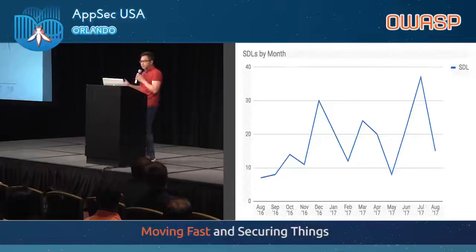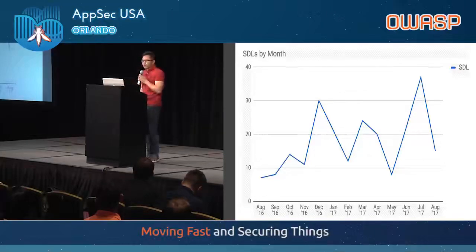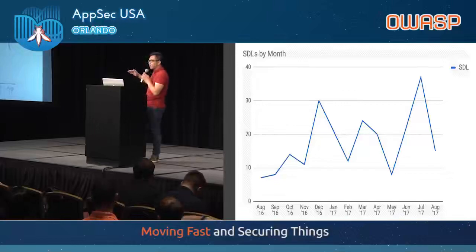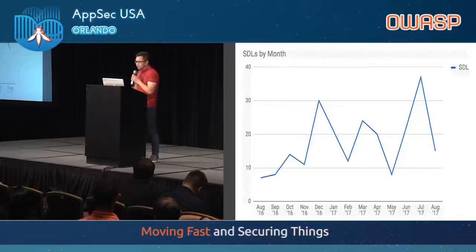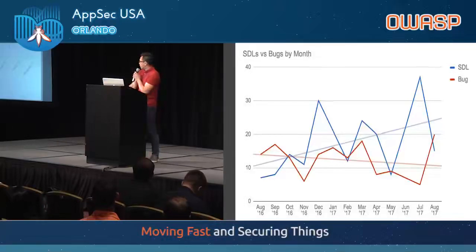The SDL is slowly growing based on how many features we are pushing to the products. Some months have a lower number of SDLs, but that depends on when we release the feature.